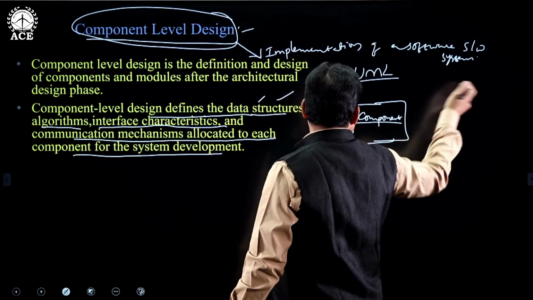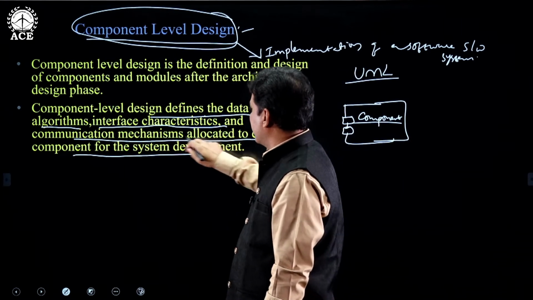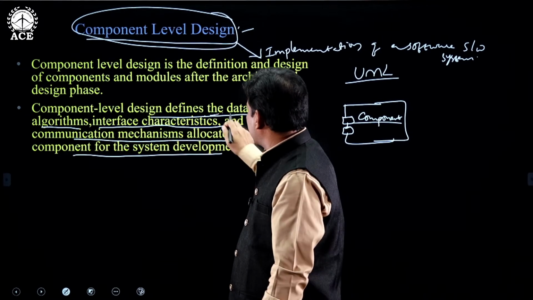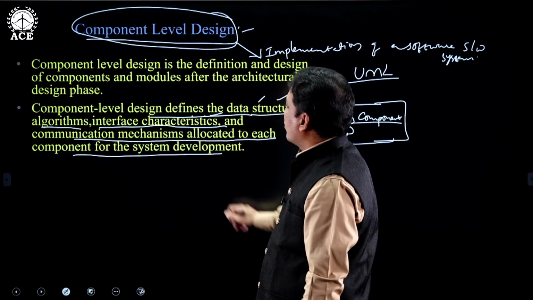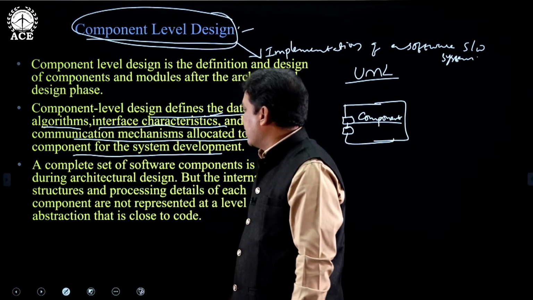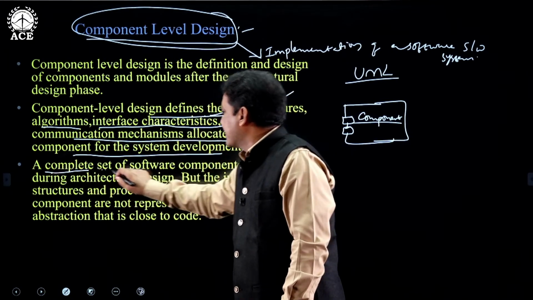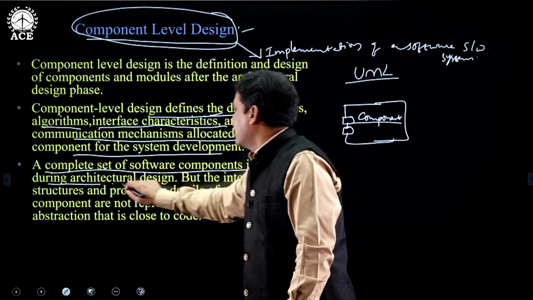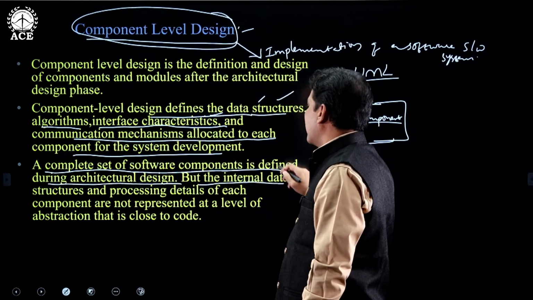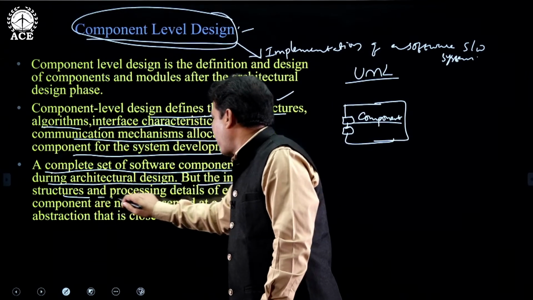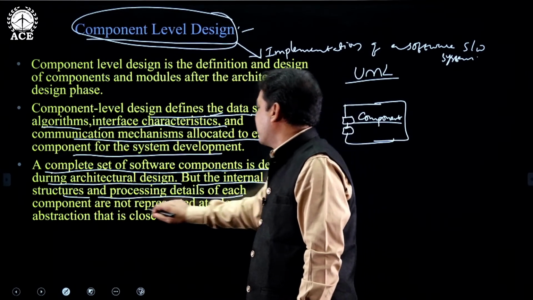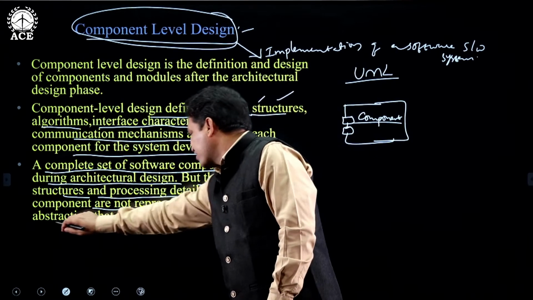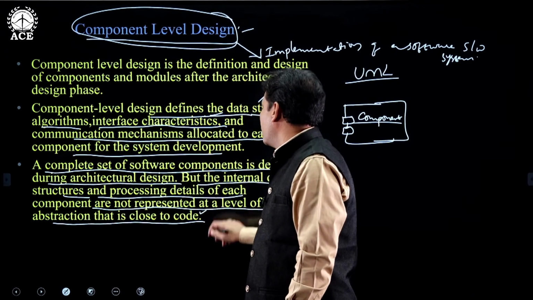If one component wants to communicate with another component, interfaces are required. A complete set of software components is defined during architectural design, but the internal data structures and processing details of each component are not represented at a level of abstraction that is close to code.